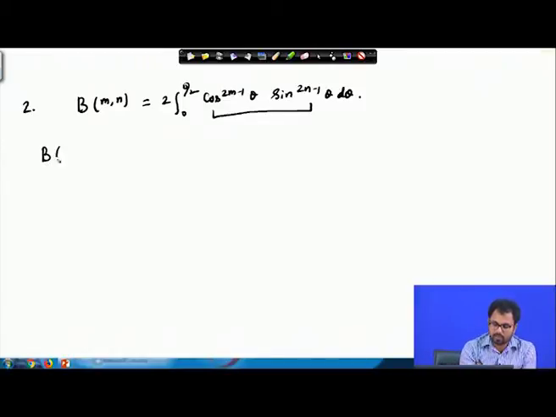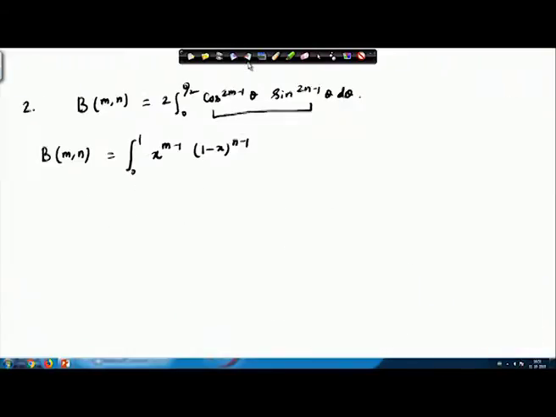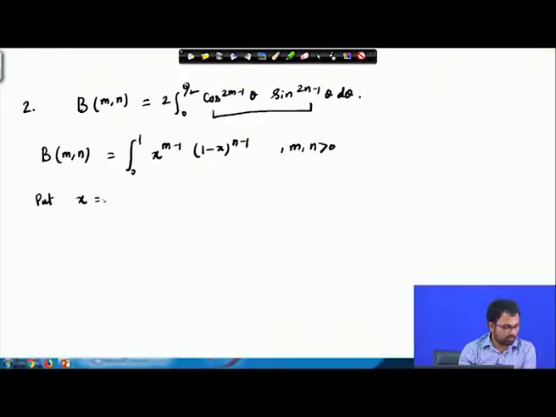So, let's try to prove that. We know that beta m n equals the integral from 0 to 1 of x to the power m minus 1 times 1 minus x to the power n minus 1, where m and n are both positive. Now we put x equals cos square theta.